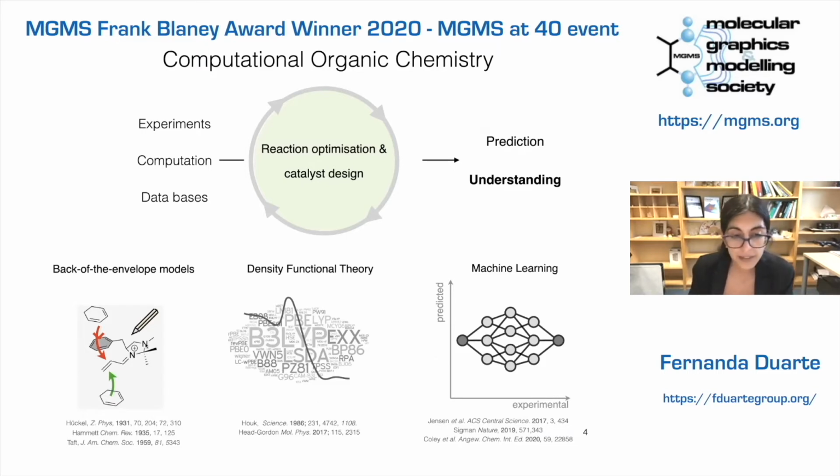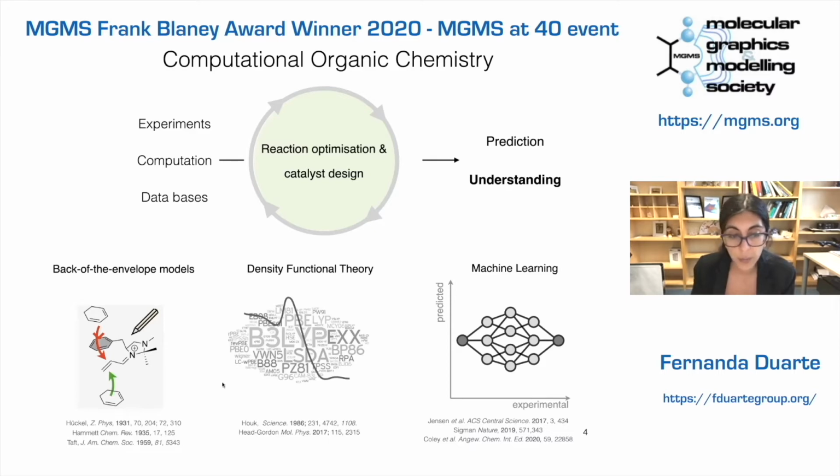And we tend to see that as a linear timeline, but actually we feel, and personally, that is our approach, to really combine them, because many of the advantages of machine learning are also limited by the lack of understanding. So for example, combining that understanding with the back of envelope models and physical organic chemistry tools, we see that is the best of the different worlds that we can combine.